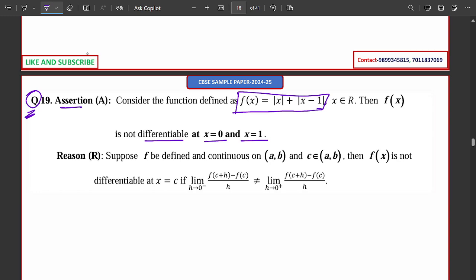So first of all, let us understand with the help of a graph of this function. When we draw this graph, 1, 2, 3 like that, and 1, same as it is here.